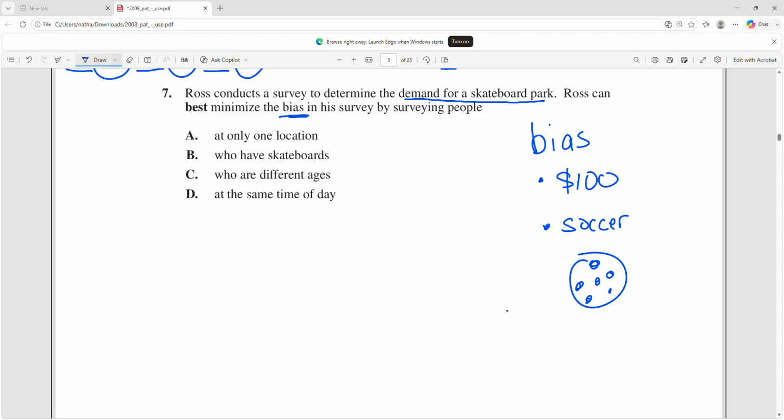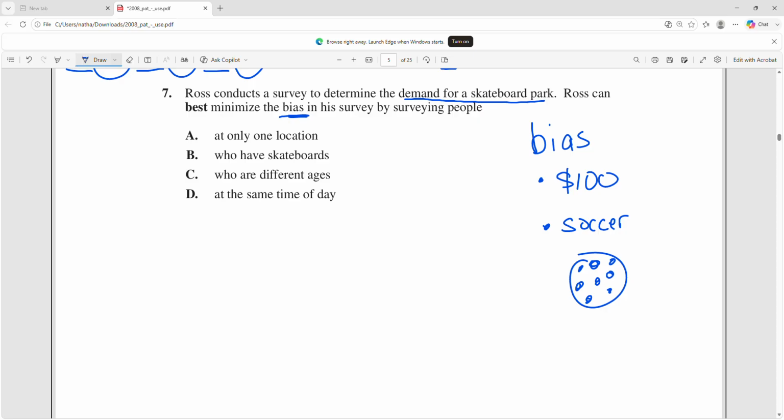That's a soccer ball, not a chocolate chip cookie. So that would be biased because I'm focusing in on a particular group of people that are going to skew my results, right? That will not be fair towards what I'm trying to understand. I'm trying to understand what is the best purchase for the whole school.